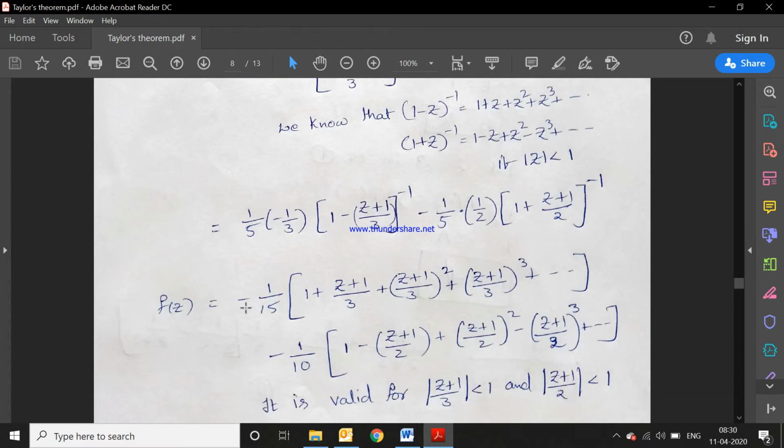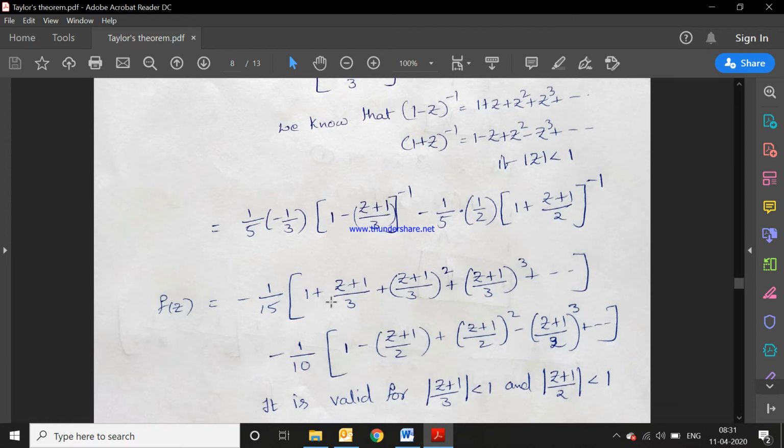That is, f of z is equal to -1 by 15 into the expansion of 1 minus z whole power -1. In the place of z we have z plus 1 by 3, because we need to write the Taylor series expansion in powers of z plus 1. So that's why we write the series for z plus 1 by 3.